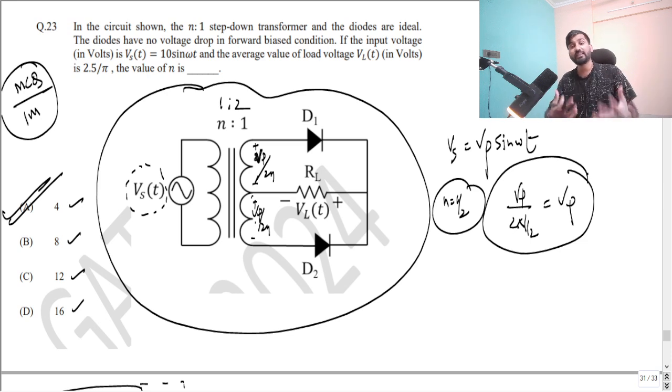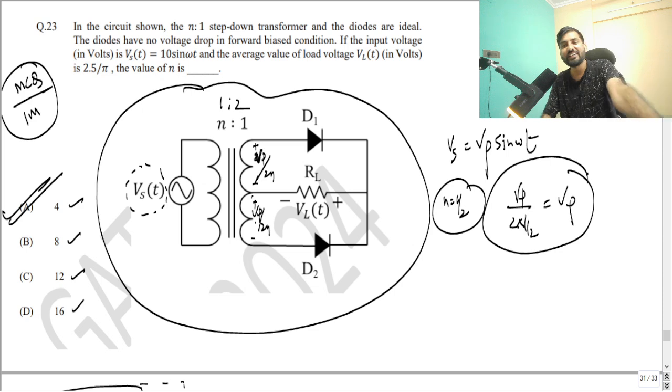So what is the learning that we have to keep in mind? Whenever you are studying the full wave rectifier, particularly the center tapped rectifier, keep in mind that in different textbooks, based on the turns ratio, n is to 1 or 1 is to 2, whatever is given, you have to manage this.